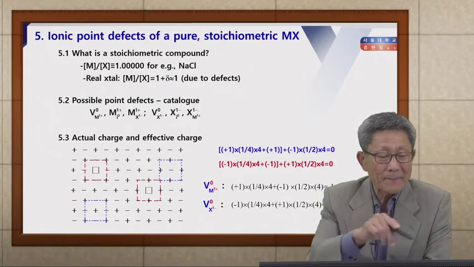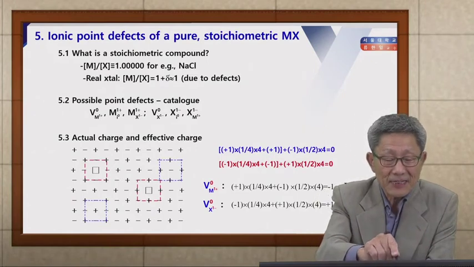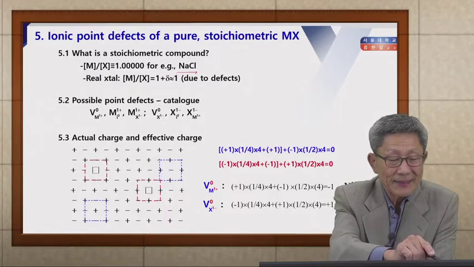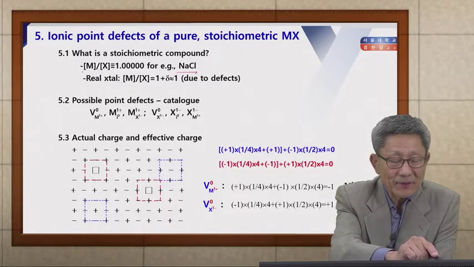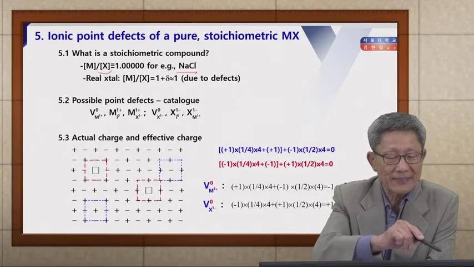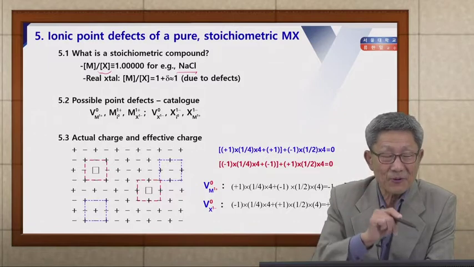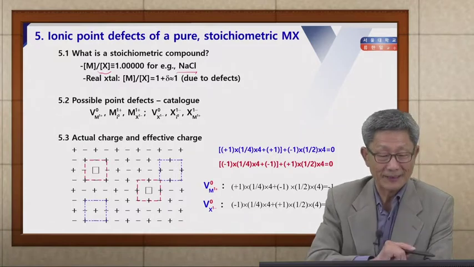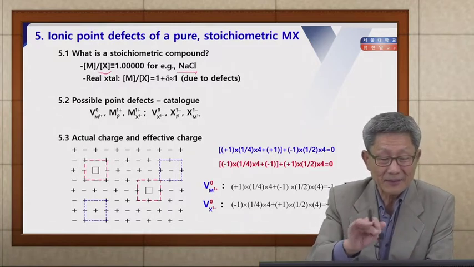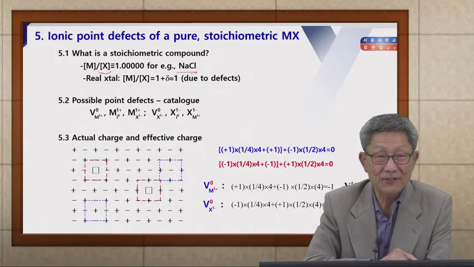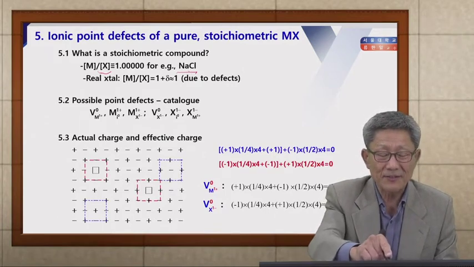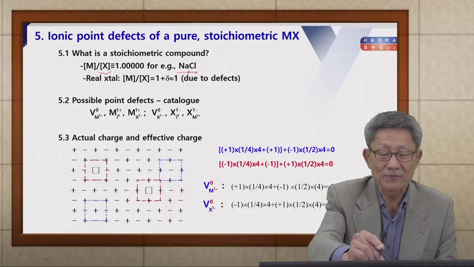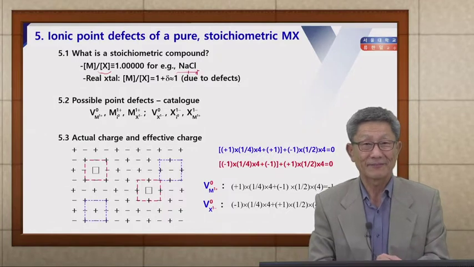Stoichiometric compound means that, for example, for the case of sodium chloride, the number of cations or concentration of cations and the concentration of anions are exactly equal to each other. For the case of sodium chloride, it should be 1:1, okay? No other possibility. This is the definition of a stoichiometric compound. So composition is fixed. You see, sodium 1 and chlorine 1.